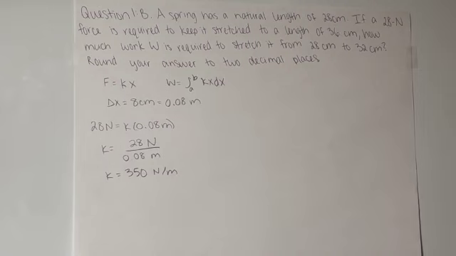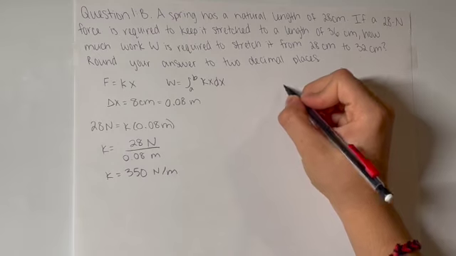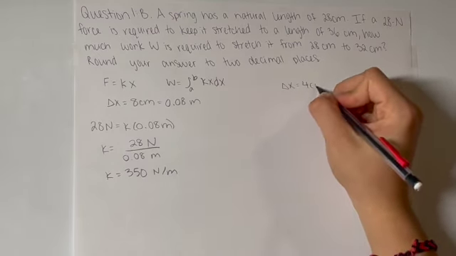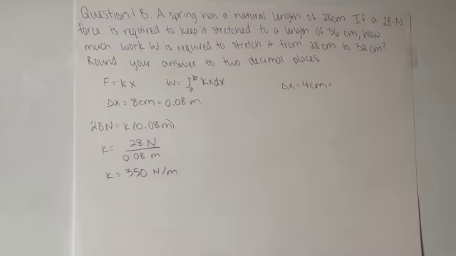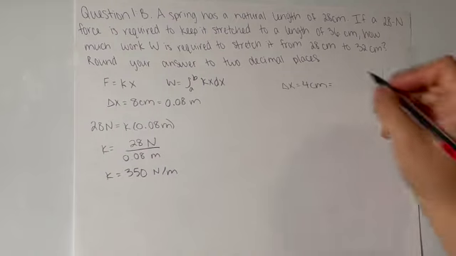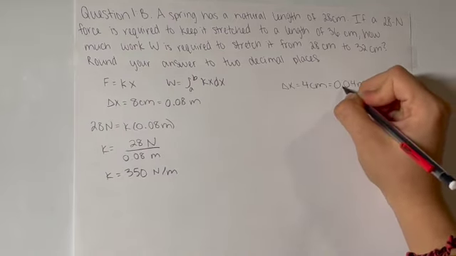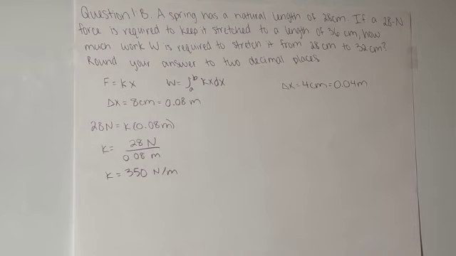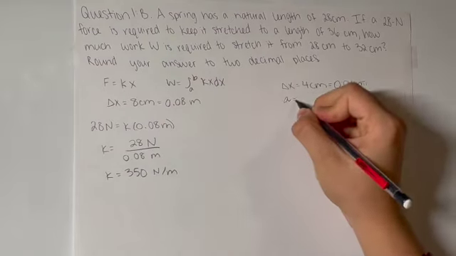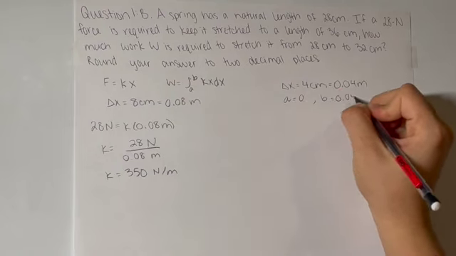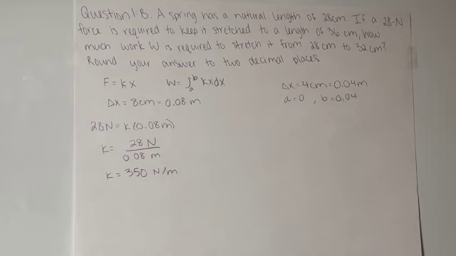Now for the second change in x, we have 4 centimeters, from 28 centimeters to 32 centimeters, which is also equal to 0.04 meters. Our a is going to be 0, and our b is going to be 0.04.